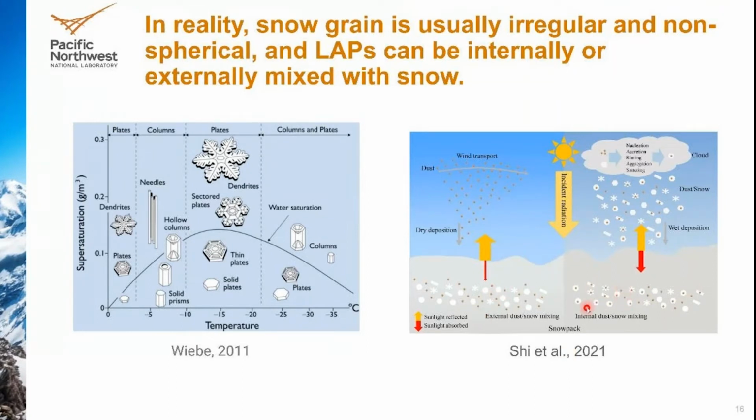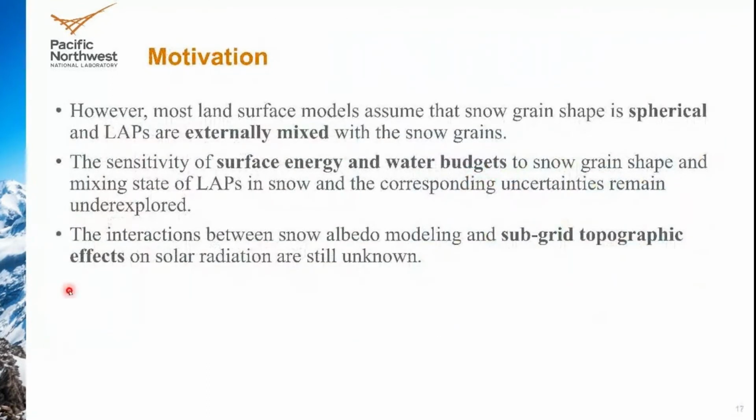Internal mixing just means black carbon or dust is inside the snow grain. However, currently most land surface models just assume the snow is spherical and the particles are externally mixed with the snow. So in this study, we will improve the ELM model to account for different snow grain shapes and also the internal mixing between the particles and snow.